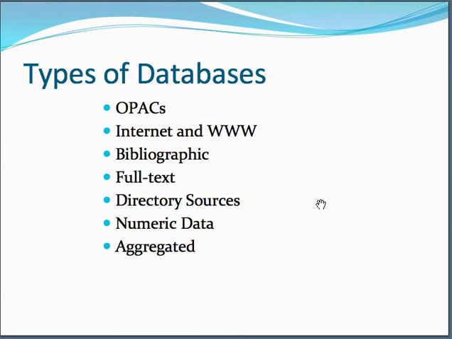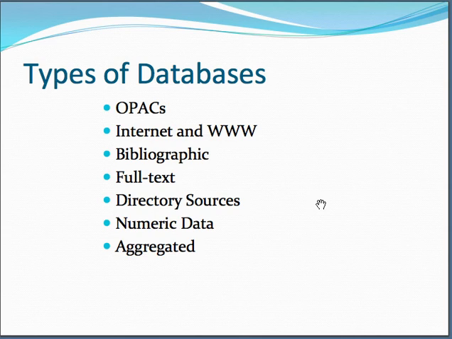Okay, so what you find in the OPAC is a link to the database where Clarion University has enough privileges to have an electronic version of the textbook. So we have to be aware where we are when we are searching using electronic sources.